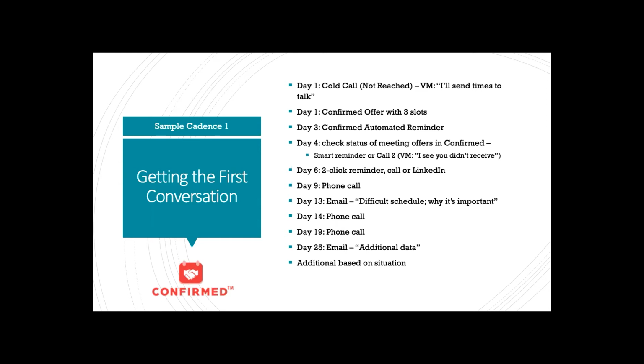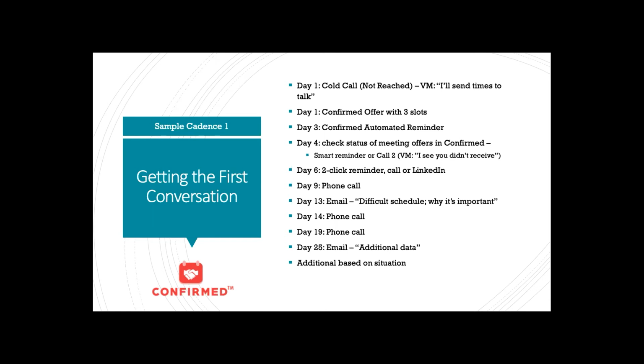And again, on day one, you can do the other stuff, but if you use Confirmed, you'll send them 3 slots. Day 3, Confirmed will automatically send a reminder. If you're not using Confirmed, you'll have to do that reminder by yourself. You'll have to check some metrics and find that out. On day 4, we check the metrics. Did they open the email? Did they respond?